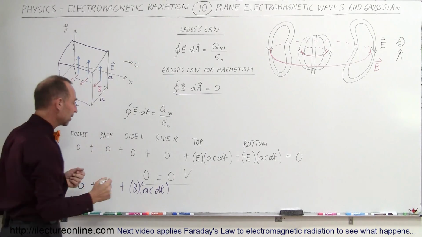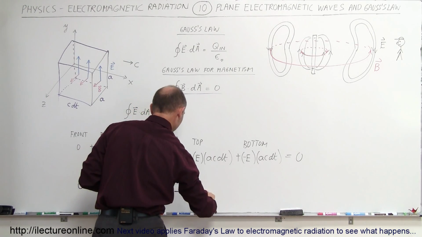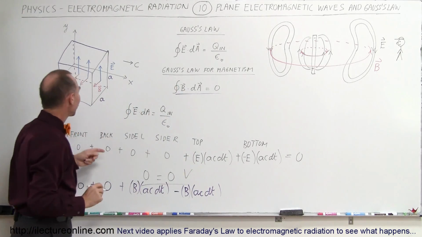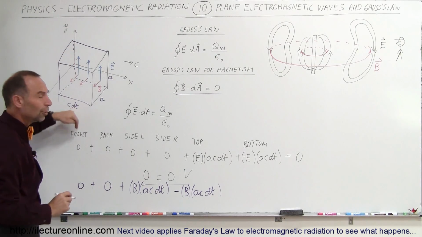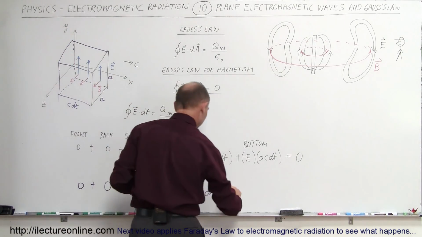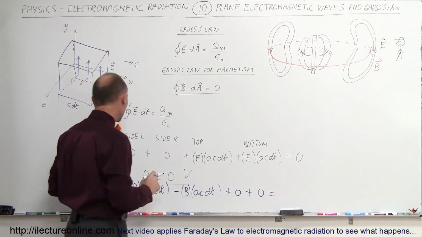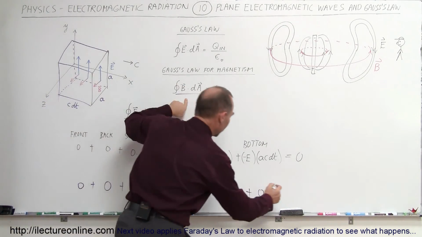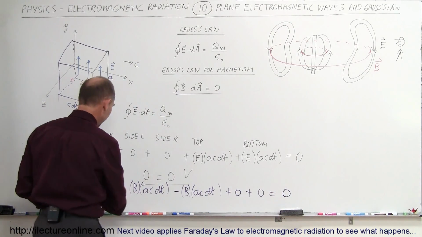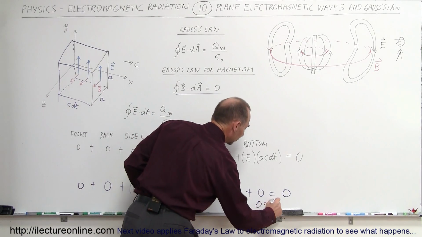That would be negative magnetic field, so minus B times A c dt. And then finally, we have the top and the bottom. There are no magnetic field lines coming out of the top or the bottom, so it would be plus 0, plus 0. And of course, according to Gauss's law, that must equal 0. And again, is that true? Sure enough, we get zeros everywhere, and this cancels out that, so we end up with 0 equals 0.